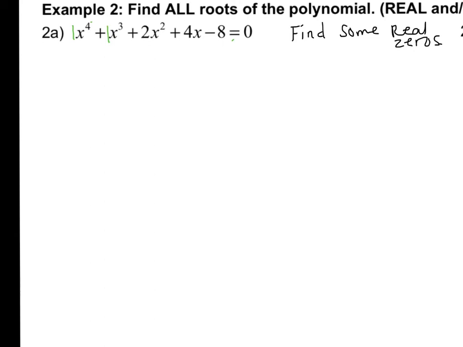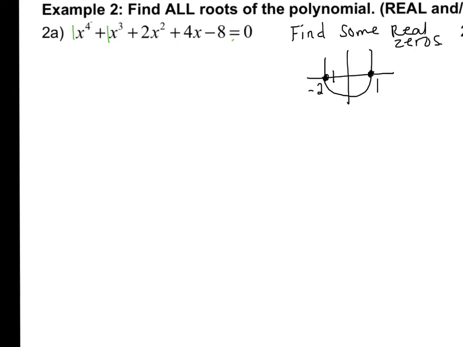So to save time, I grabbed my graphing calculator, I typed that into y equals, and I looked at the graph. And when I did that, I saw a graph that kind of dipped like that, and it appeared to go right through -2, and it also appeared to go right through +1.